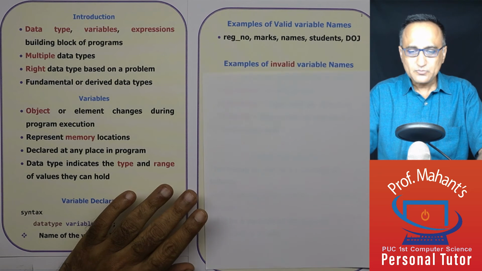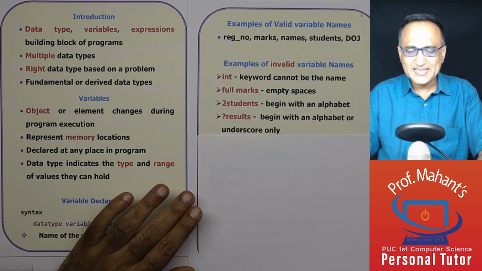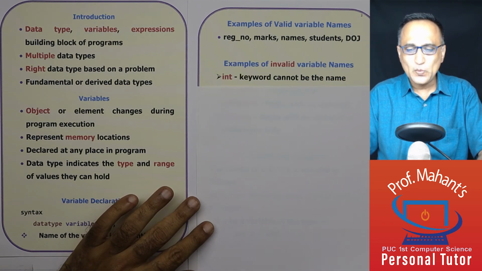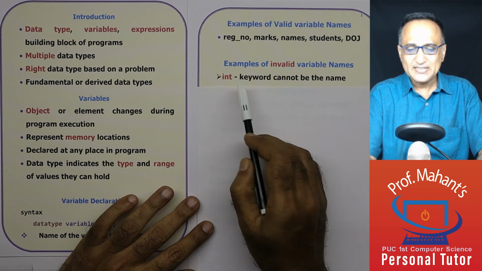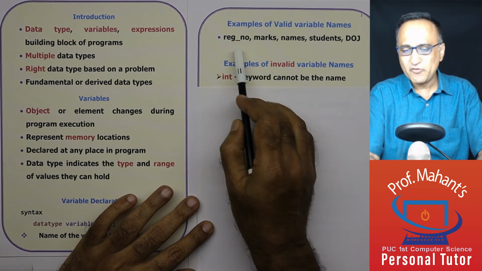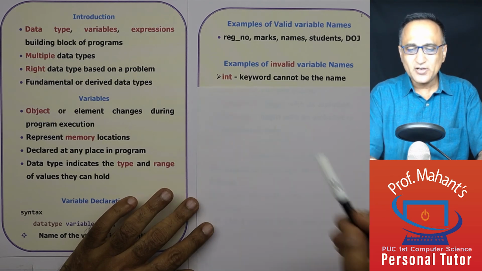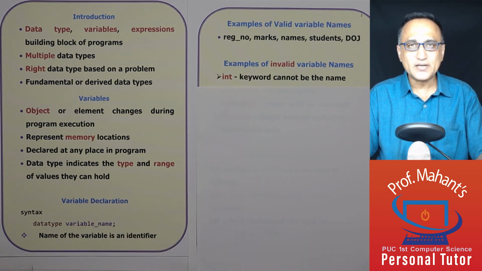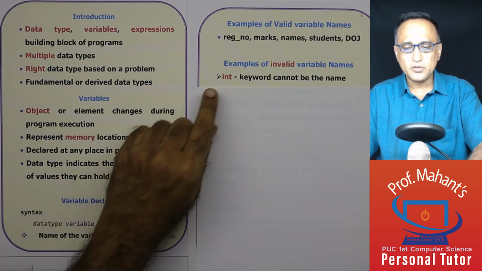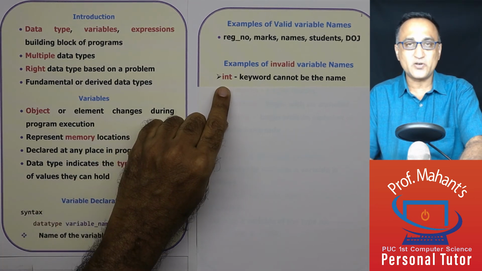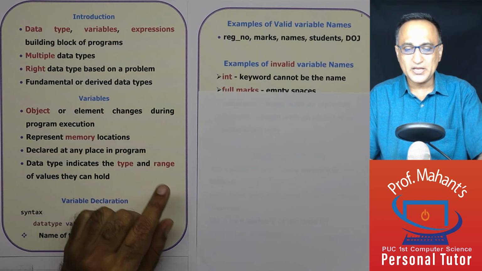Now, let's try to understand examples of valid and invalid variable names. This is an invalid variable name, whereas all these were valid. Why is this invalid? Because I cannot declare a variable called float int equal to 0, because int is a keyword or a reserved word which cannot be used as a variable.